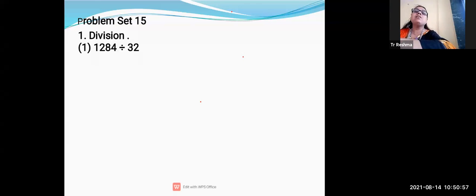In this sum, you are going to do it in your notebook first, and one by one I'll unmute a student. They will tell me the steps for doing the division sums. So your first sum is to divide by 32. Now start doing it in your notebook. After 1 minute, I'll unmute a student to give the steps to write on the slide.